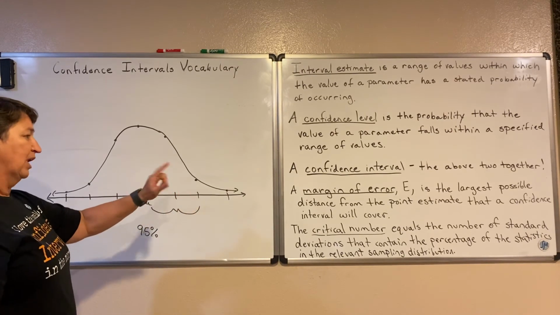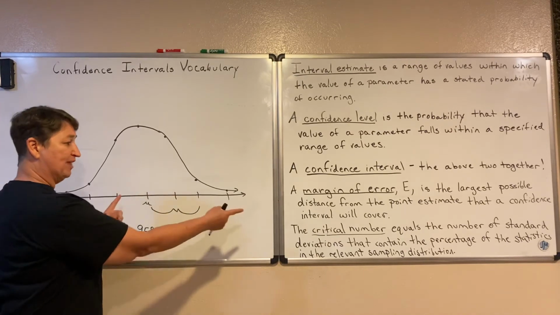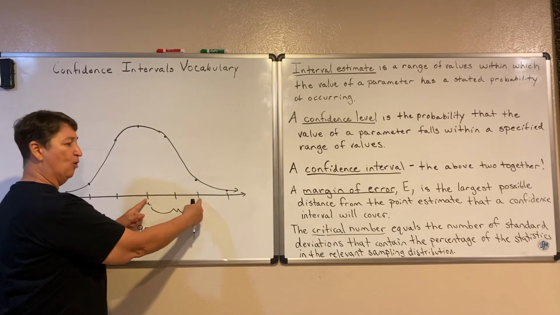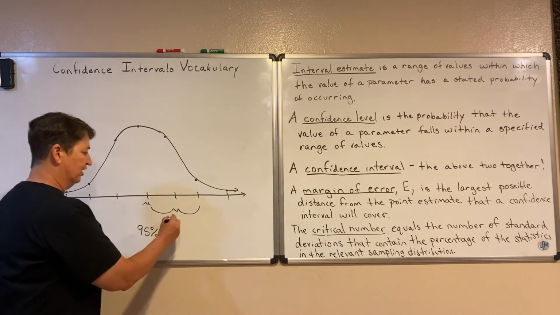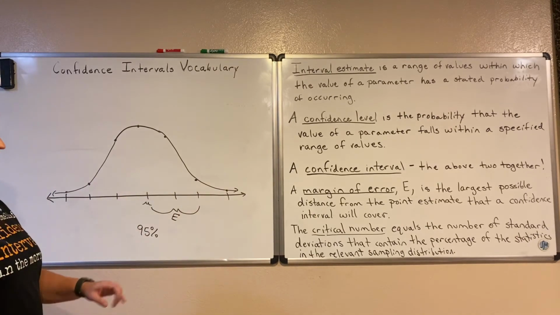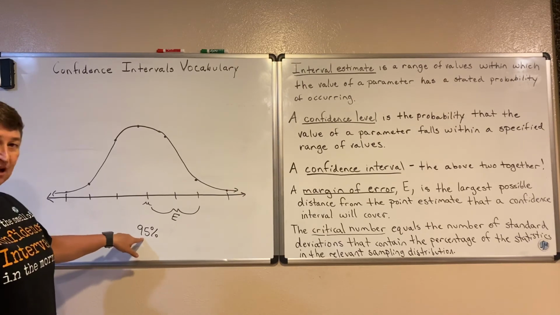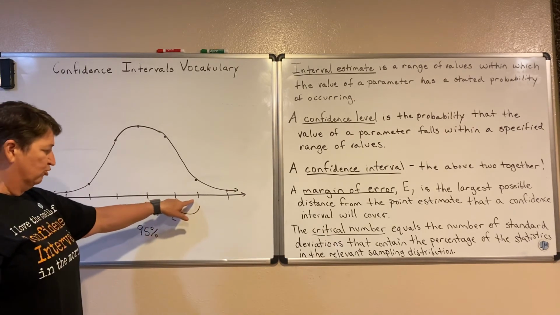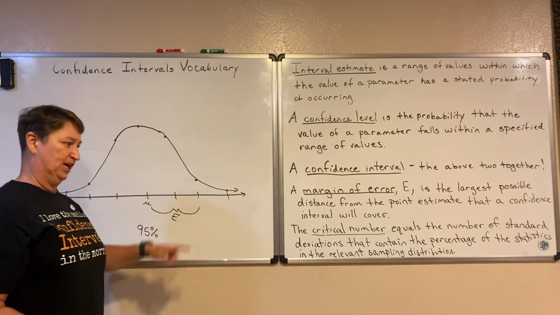We're going to learn later that the margin of error is just your standard deviation times that critical number of how many standard deviations you're out. So that distance right here is your margin of error. And then the critical number tells me out how many standard deviations. For 95%, my critical number would be 2 because I'm going out 2 standard deviations.